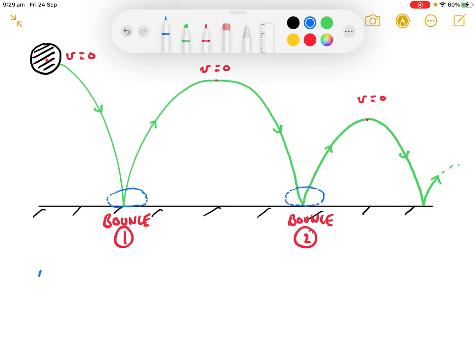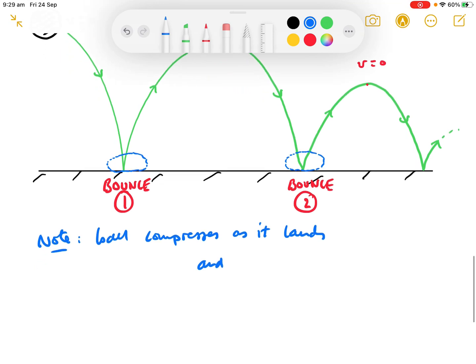So one observation to note: the ball compresses as it lands, and decompresses as it leaves the ground.